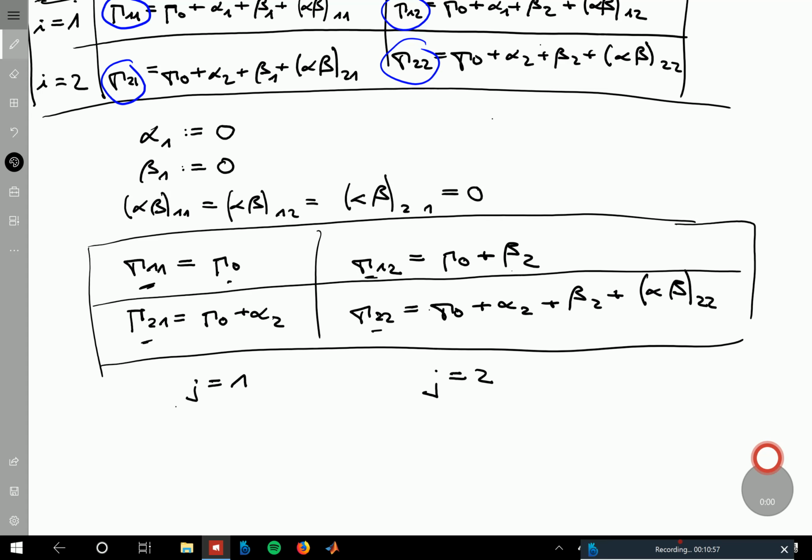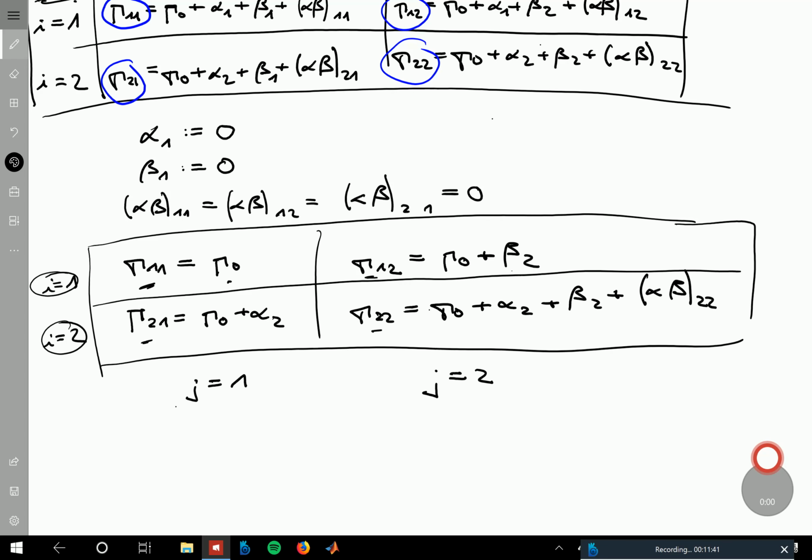But now, if we do this not for I being 1, the first level of the row factor, but for I being 2, the second level of the row factor, then we have the additive effect of beta 2. So mu0 plus alpha 2, we have here as well. We have beta 2 in addition, like we have at the first level, but we also have alpha beta 2 2. So the effect prediction for the column factor now depends on the levels of the row factor. And similarly the other way around.